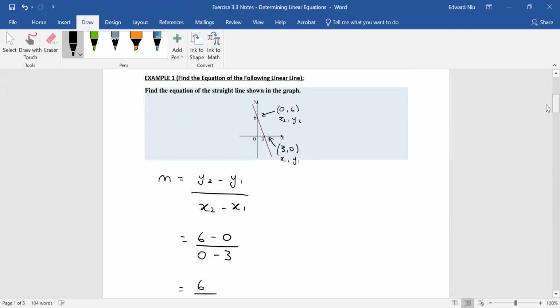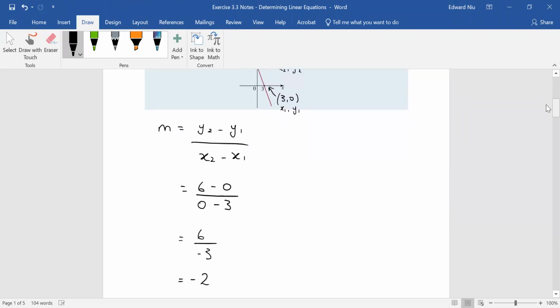So what does this mean? What we figured out is that in our equation y equals mx plus c, our m value is going to be -2. For the plus c, we actually have a shortcut here.